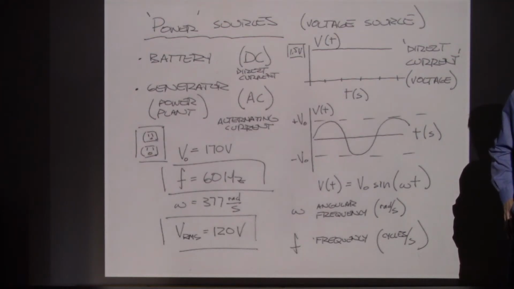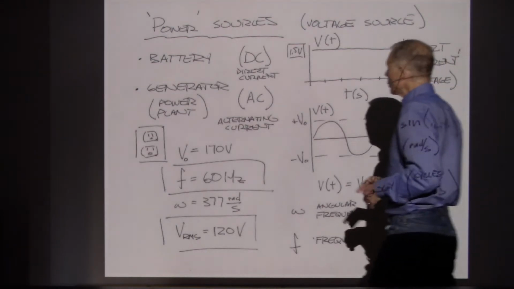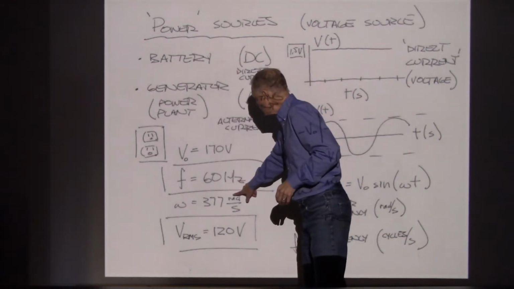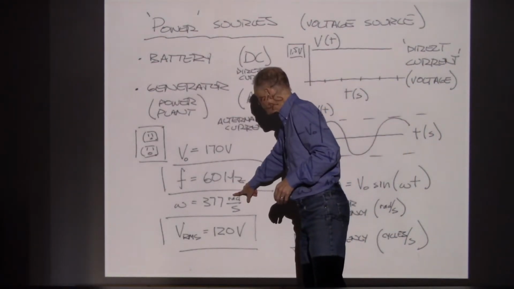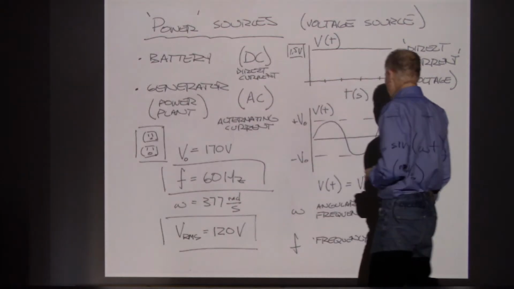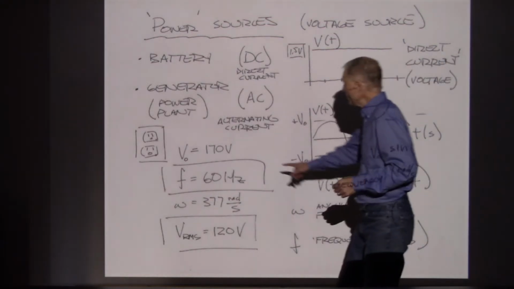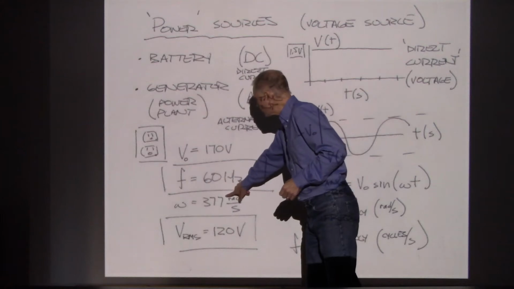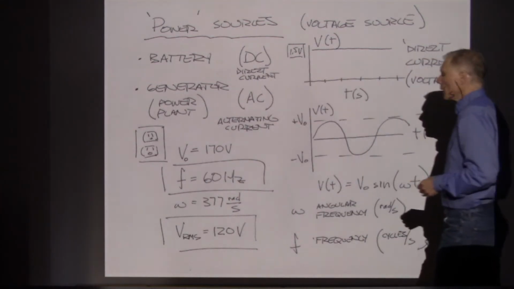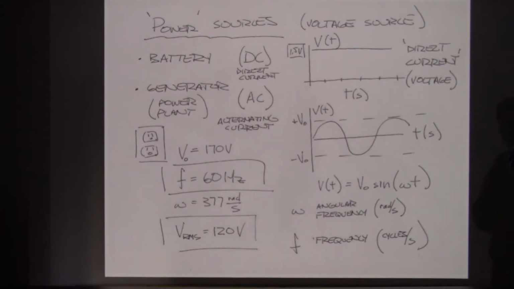Hertz is not a standard unit, it's cycles per second. When we convert frequency into radians per second, we have to multiply by 2 pi. So taking the 60 hertz, multiplying by 2 pi, gives us a value of 377 radians per second.